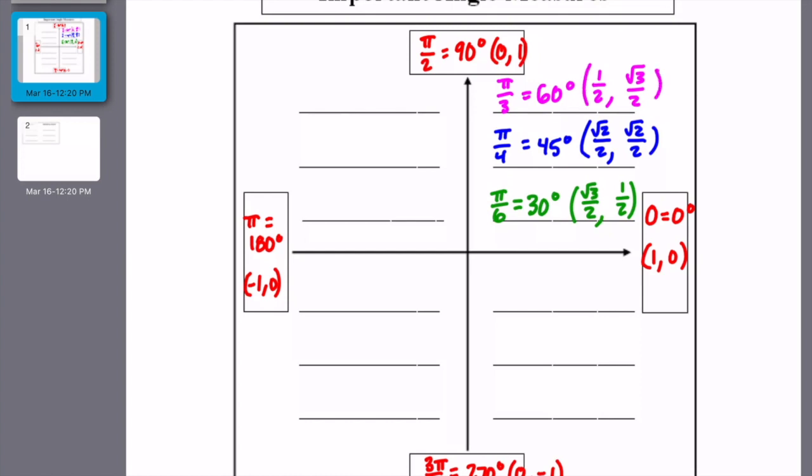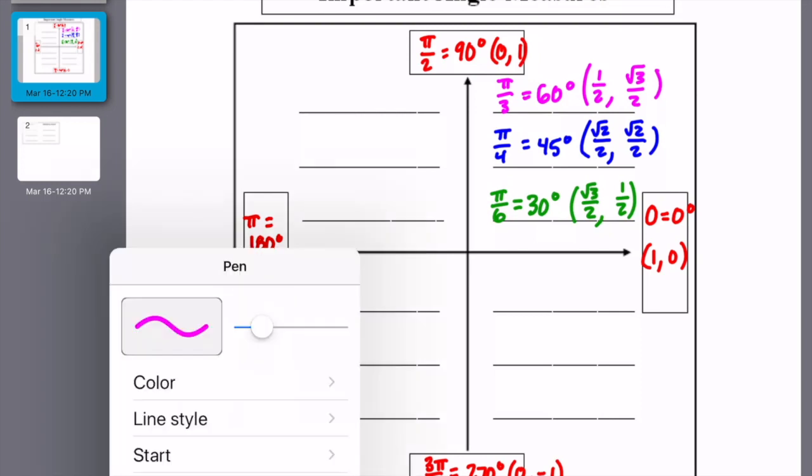All 3 of these points just repeat as you go through the unit circle. The only thing that is going to change is, of course, the degree measures are going to get larger, and the signs on our terminal points will change.